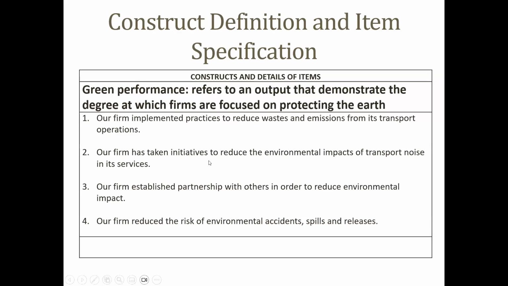When you look at these indicators or measures, they do more than capture the definition; they also help us understand the context in which this study was conducted. I want someone to tell us the context of this study. These measures are measuring green performance, but in what context?